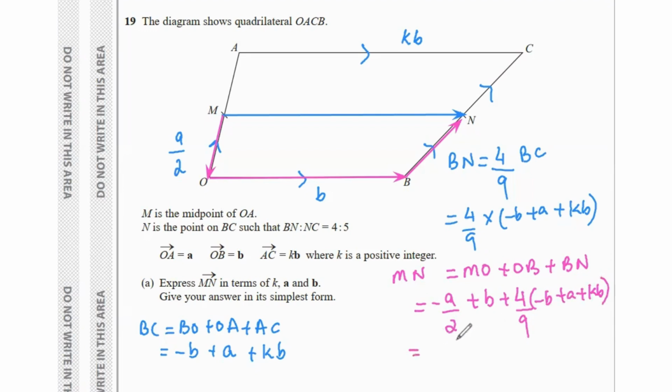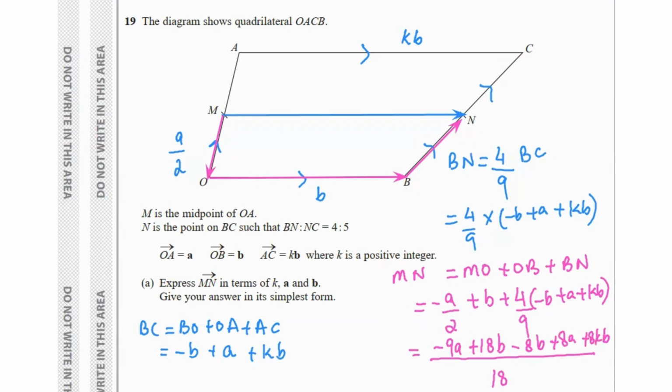When you solve that, we have a denominator of 18, and we have negative 9A plus 18B minus 8B plus 8A plus 8KB.